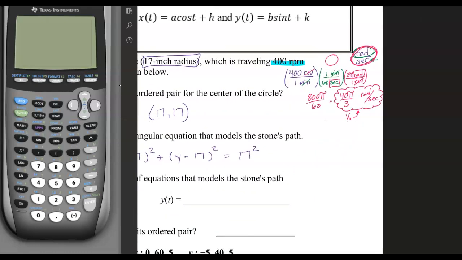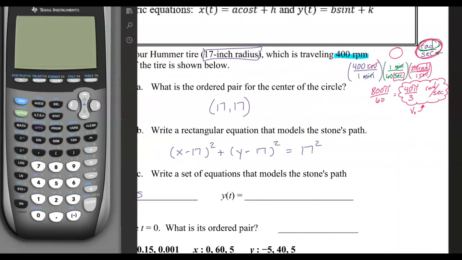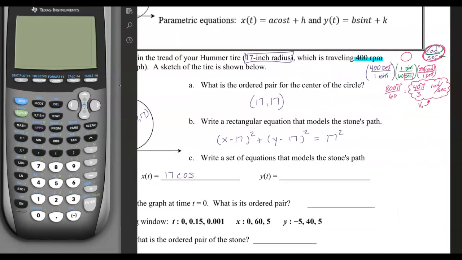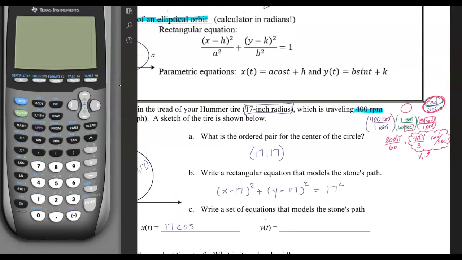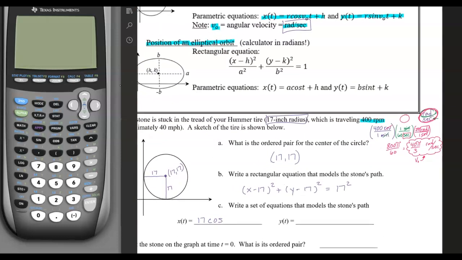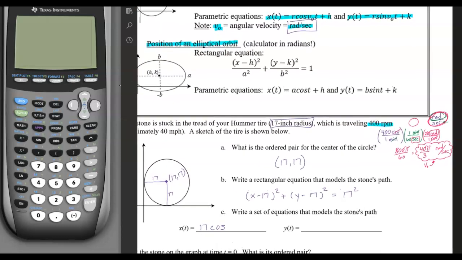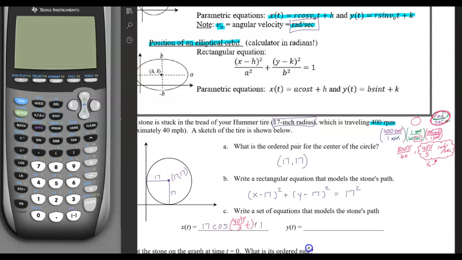Okay, so now let's go ahead and put that into our equation. We had the radius times cosine. Now, I really have to zoom out so we can see the formula. So we had radius times cosine of our velocity, which is 40 pi over 3 times time, plus h, which our h value is 17.